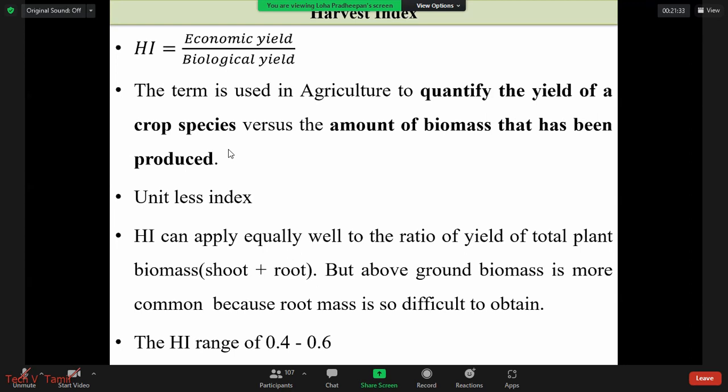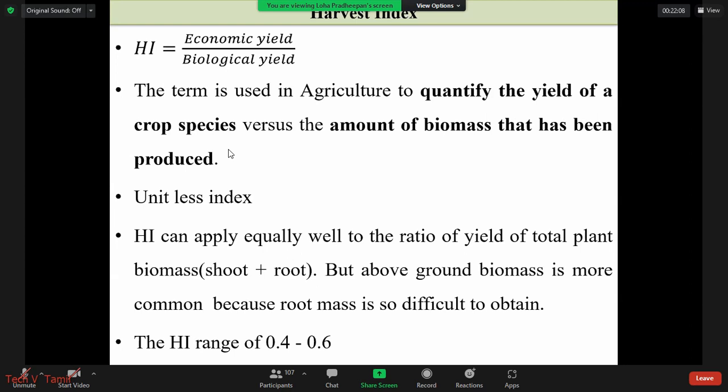We can compare different crops' performance. Within the crop, different varieties can be compared. We can see how growth varies with different levels of management practices, and with modified environmental factors. We can also understand the plant physiological processes.